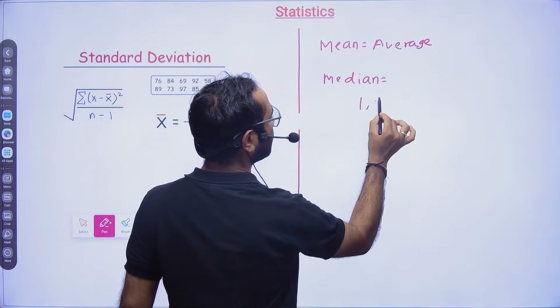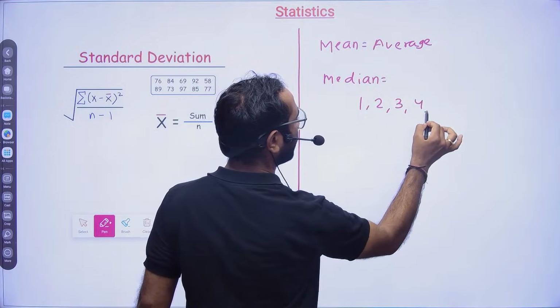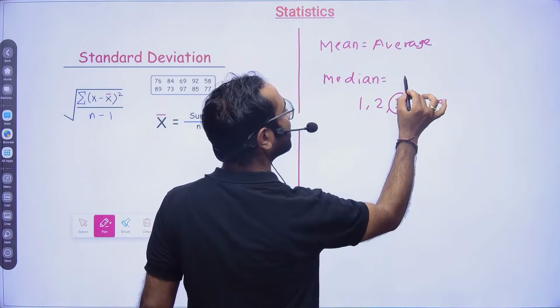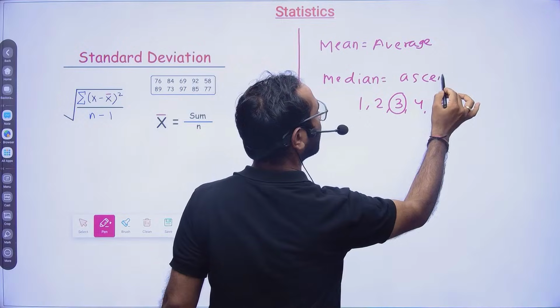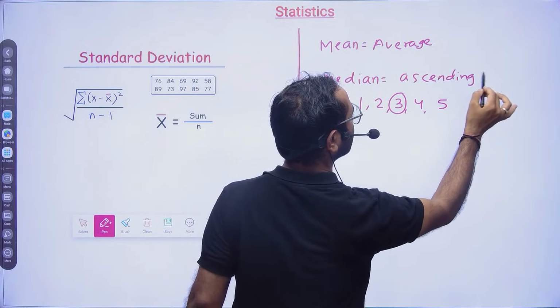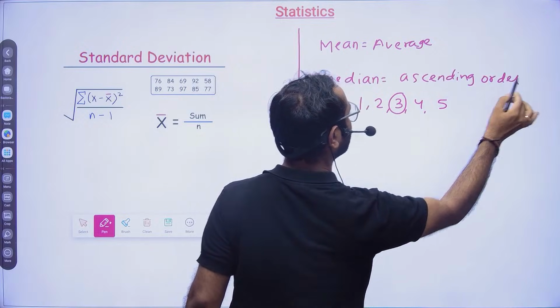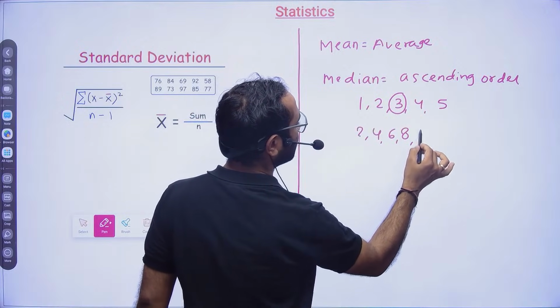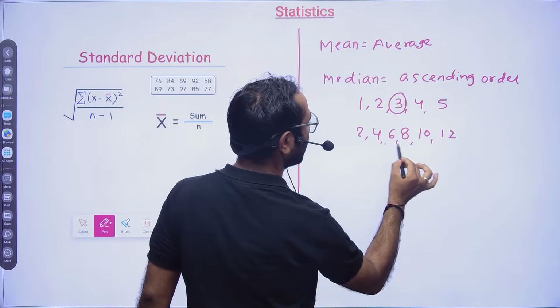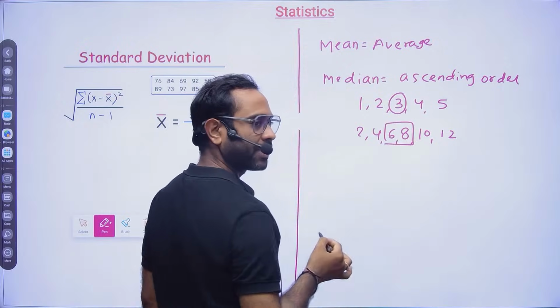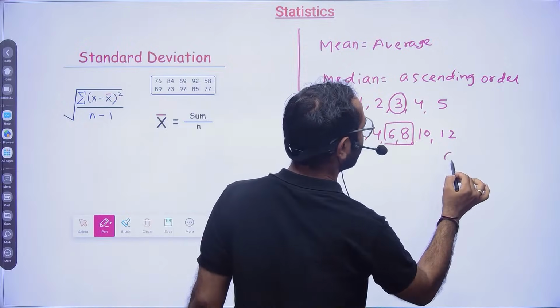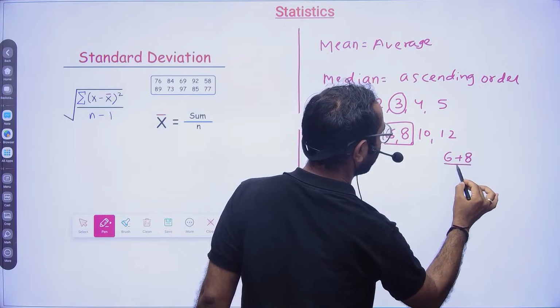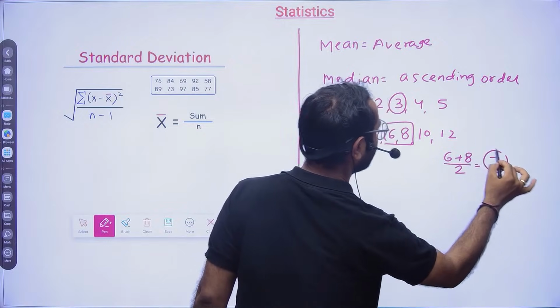Median, I told you, if we have 1, 2, 3, 4, 5, then the median will be the middle number. Always try to arrange in ascending order, and only then you can find the median. And if you have 2, 4, 6, 8, 10, 12, then you have two middle values, and two middle values cannot be your median. So 6 plus 8 divided by 2, that means 7 will be your median.